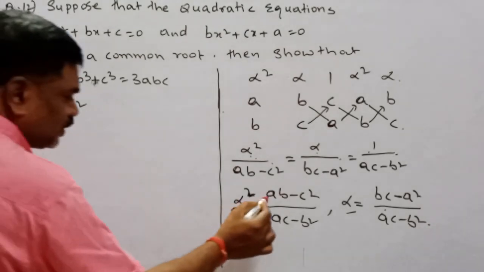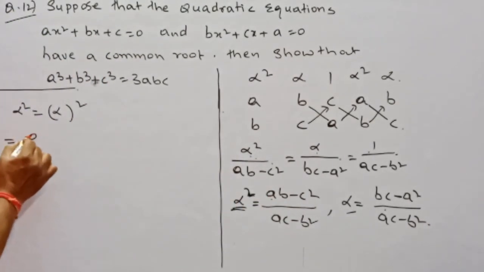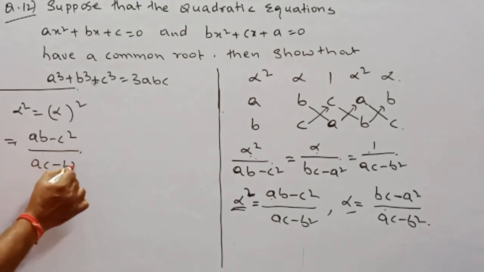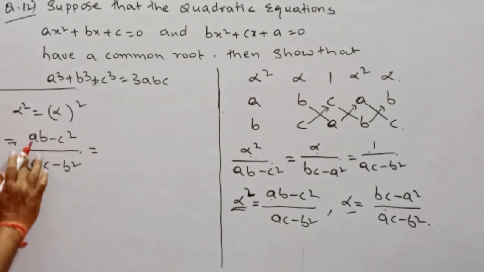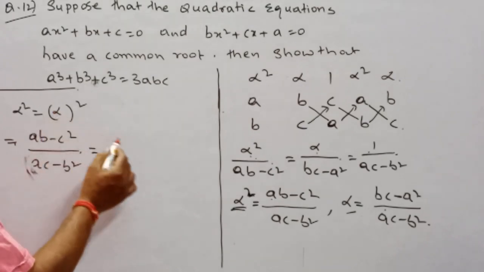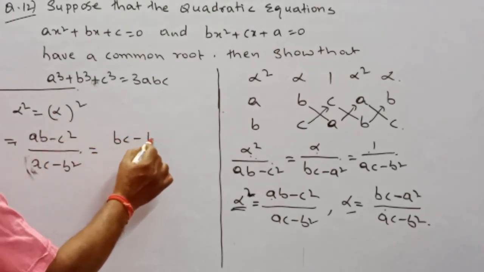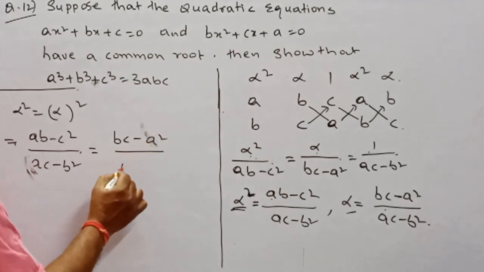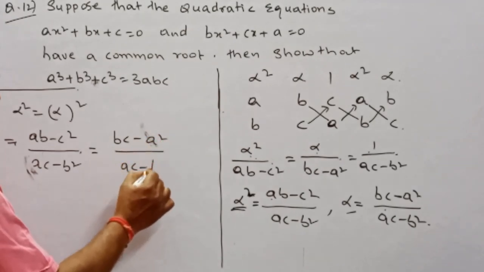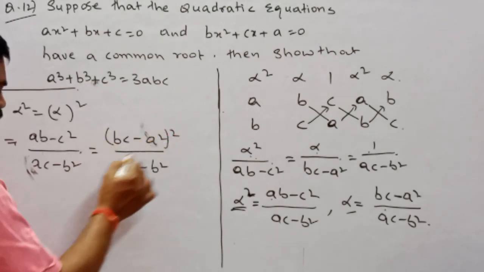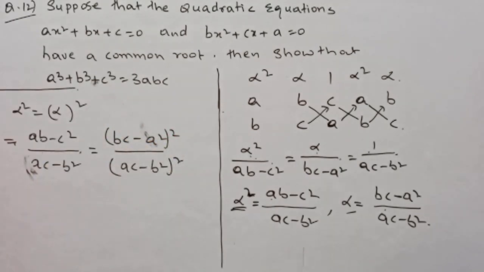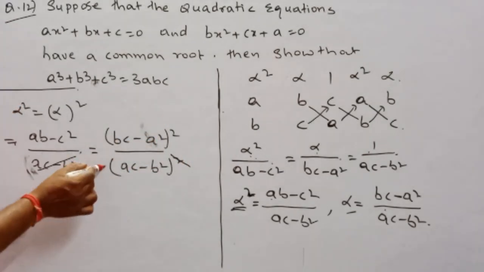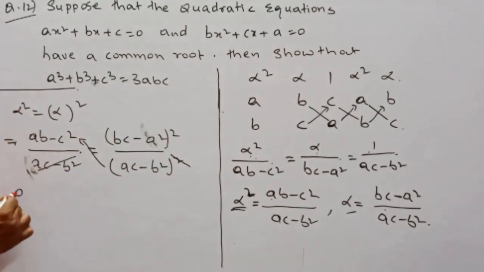What is alpha square? ab minus c square by ac minus b square is equal to, what is alpha? bc minus a square by ac minus b square, whole square. Then cross multiplication.